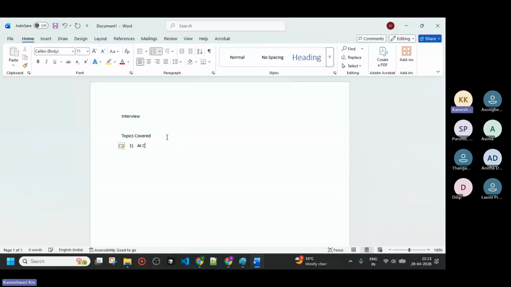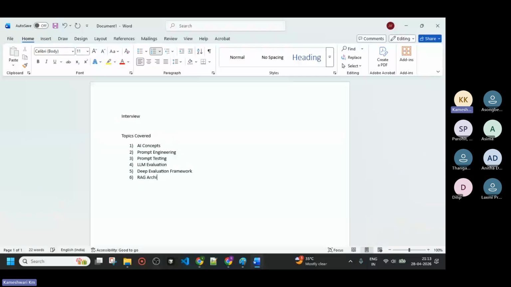We have completed AI concepts and prompt engineering, prompt testing, LLM evaluation, deep evaluation framework. Next, RAG architecture.